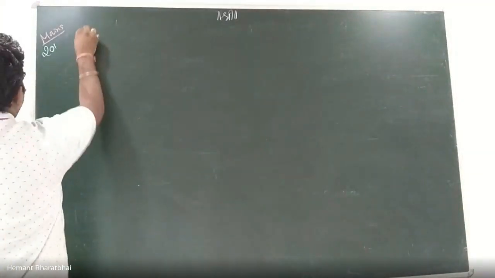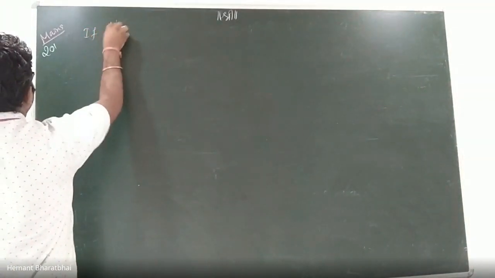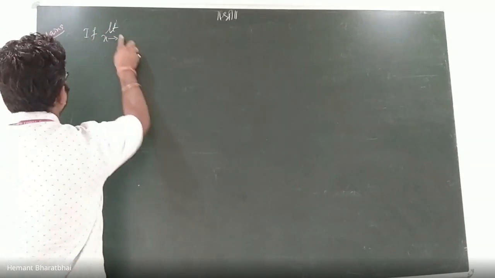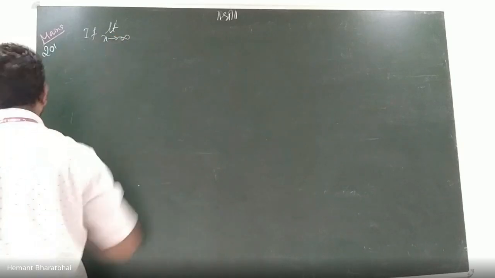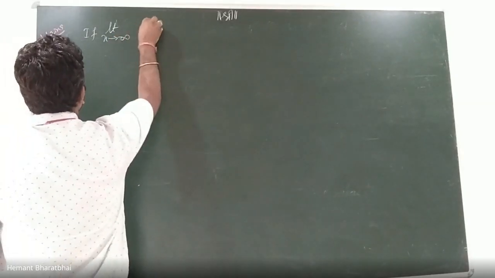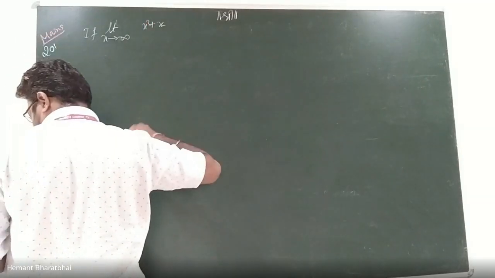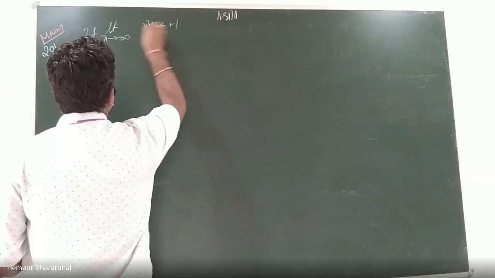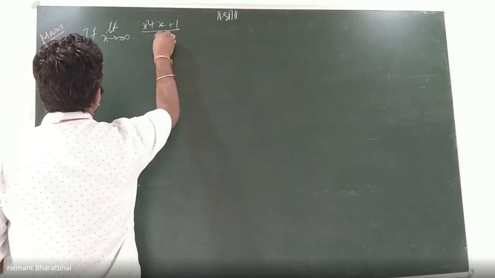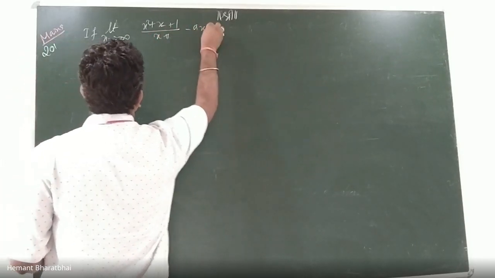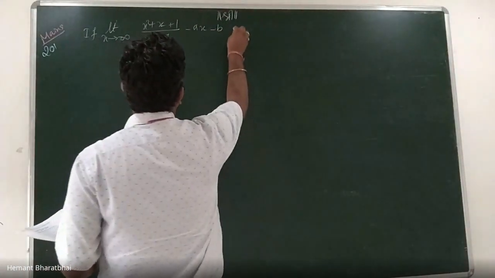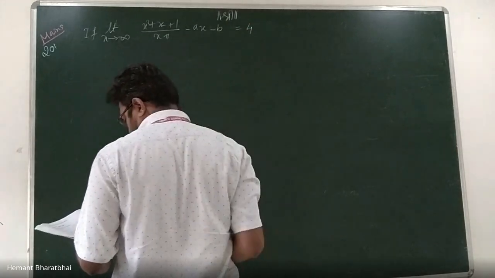Next question is: limit of x tends to infinity, x square plus x plus 1 upon x plus 1, minus ax minus b, is equal to 4.